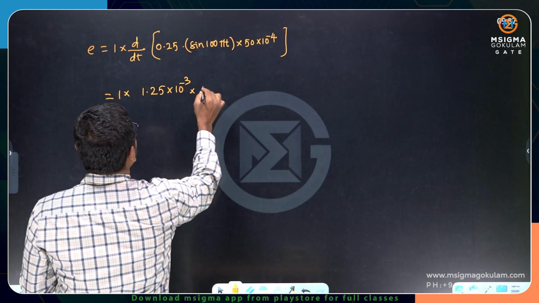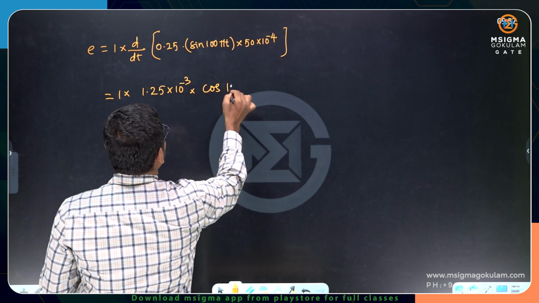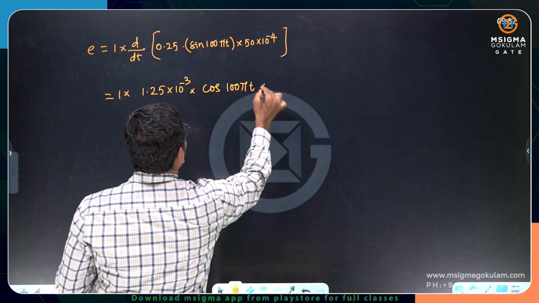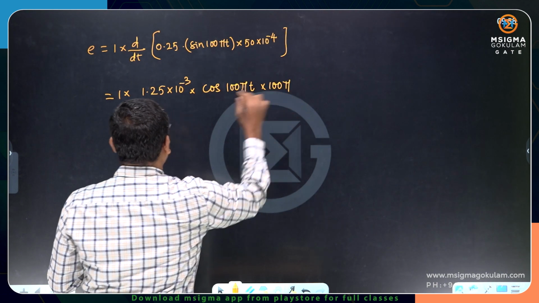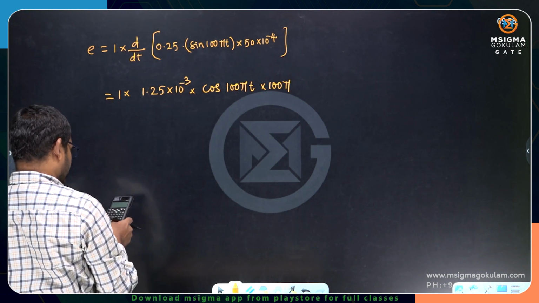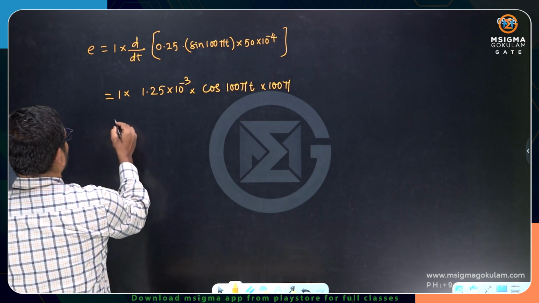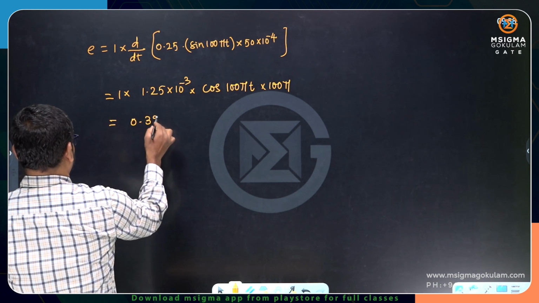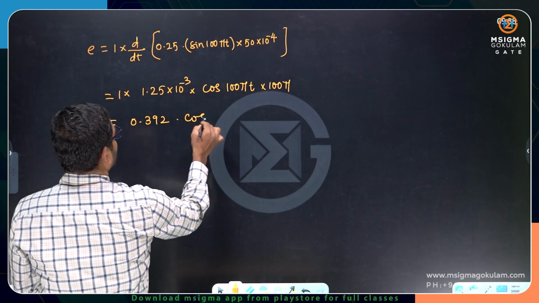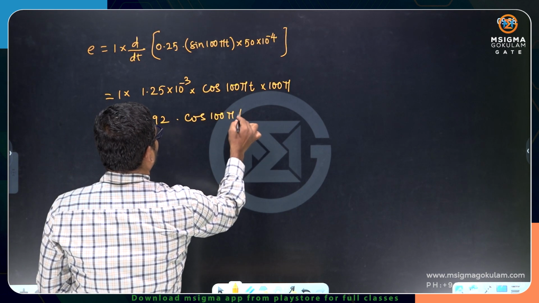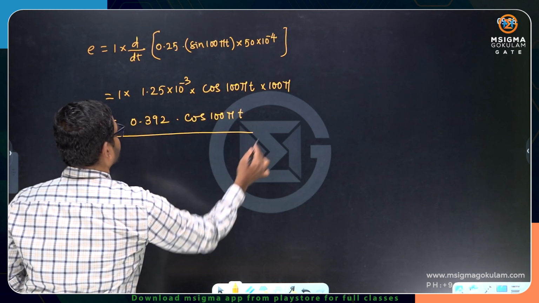If you differentiate it, the differentiation of sine is cos 100 pi t into 100 pi. So multiplying 1.25 into 10 to the power of minus 3 with 100 pi, I get around 0.392 into cos 100 pi t. This is the induced EMF.